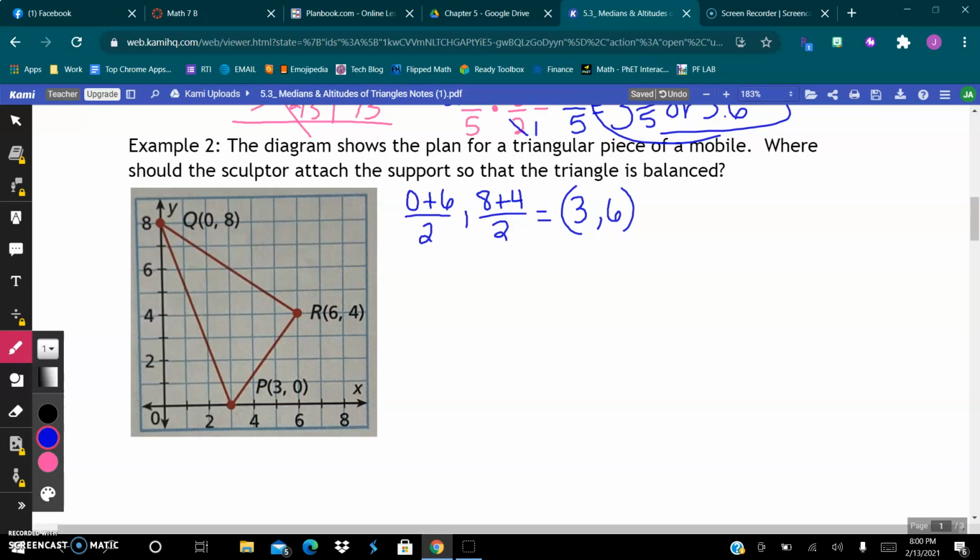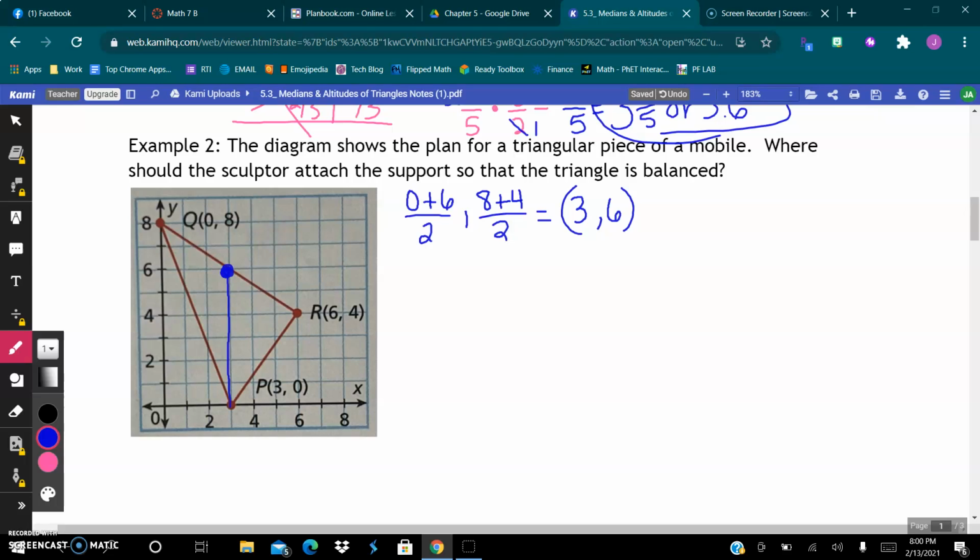So the midpoint of segment QR is (3, 6). That would be right here. If I can draw it a little better, that median would look like that.